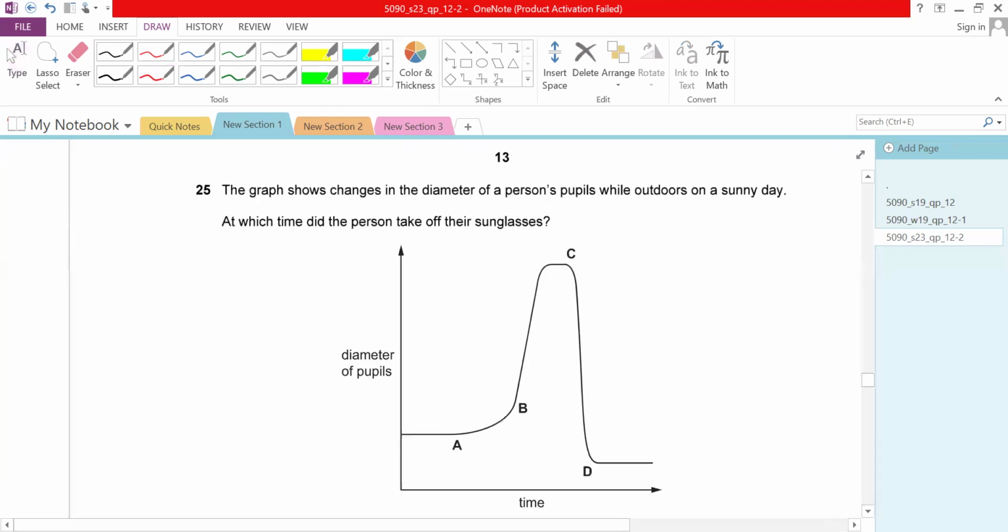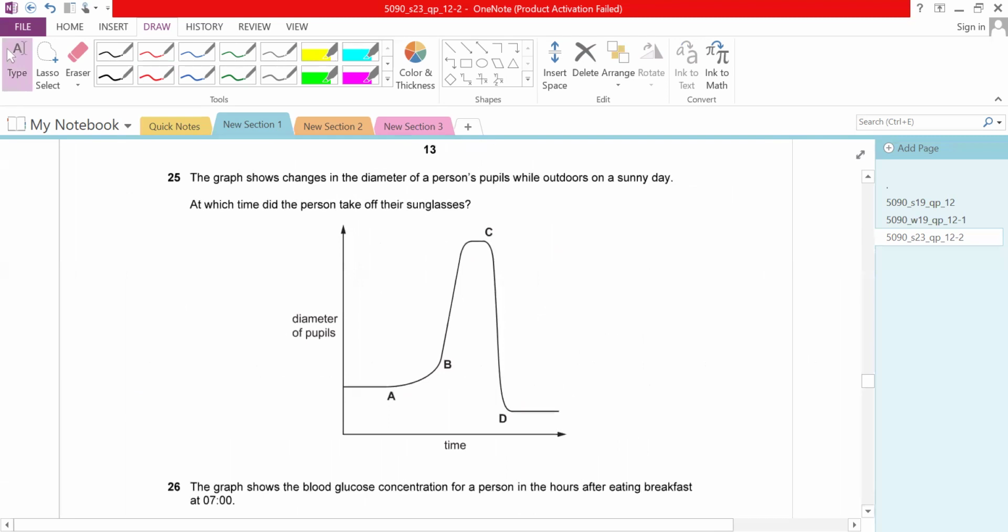Question number 25. The graph shows changes in the diameter of a person's pupil while outdoors on a sunny day. At which time did the person take off their sunglasses? He's outside on a sunny day.